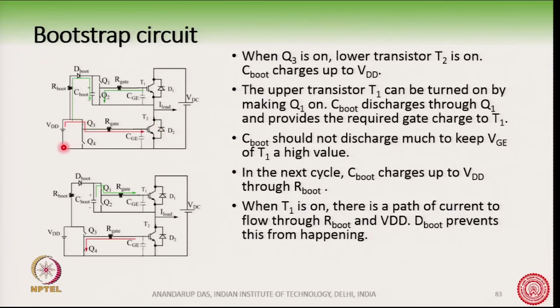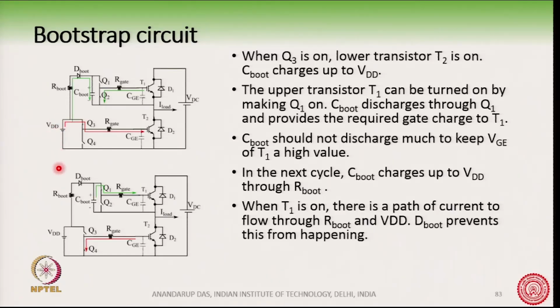You see from VDD it goes like this through R boot, D boot, C boot and like this here. So, when T2 has been turned on, this capacitor C boot will be charged to VDD voltage.